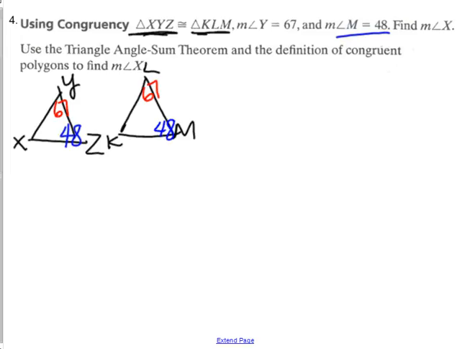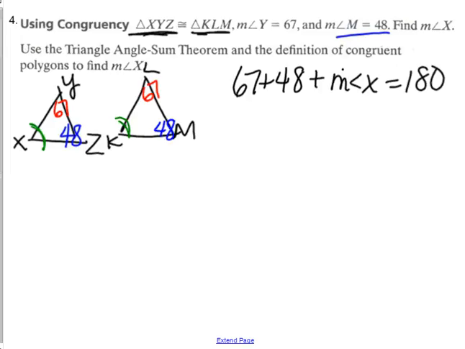So now I have to figure out what the measure of angle X is. That's this guy right here. Well, it's going to be the same as K, isn't it? All right. Well, that's easy enough. Now we're just going to add the three angles together and get 180. So 67 plus 48 plus the measure of angle X equals 180.